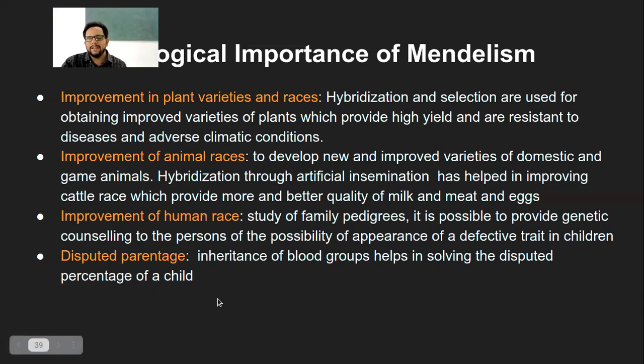Usually it is said that certain combinations of blood are not compatible with each other, and the mother usually faces complications because the mother's blood group is something else and the child's blood group is something else. We will see that part when we talk of the blood groups with respect to genetics. So we'll study that part there.